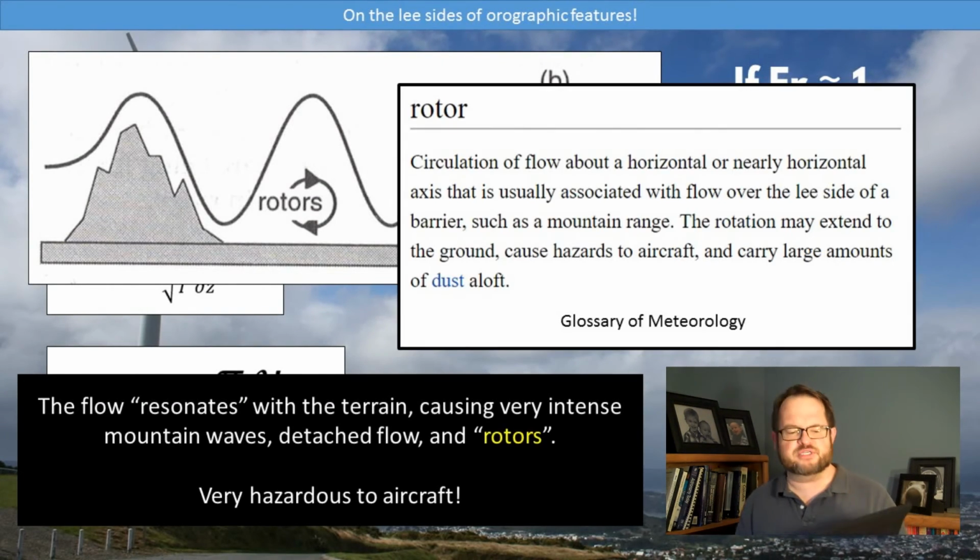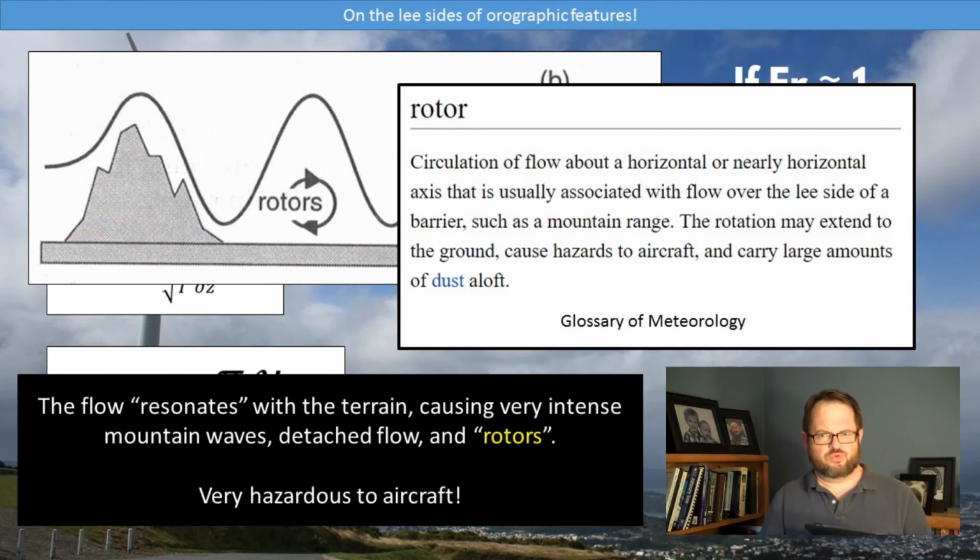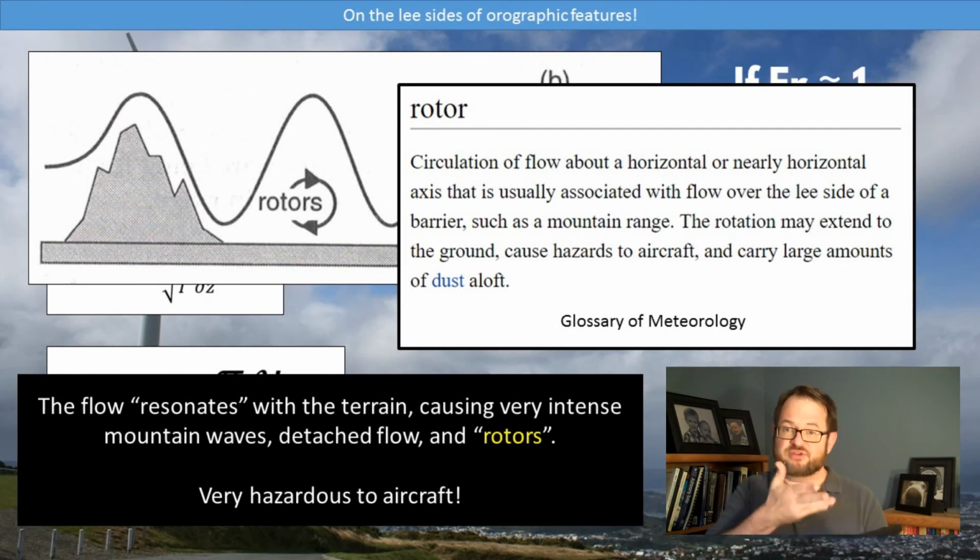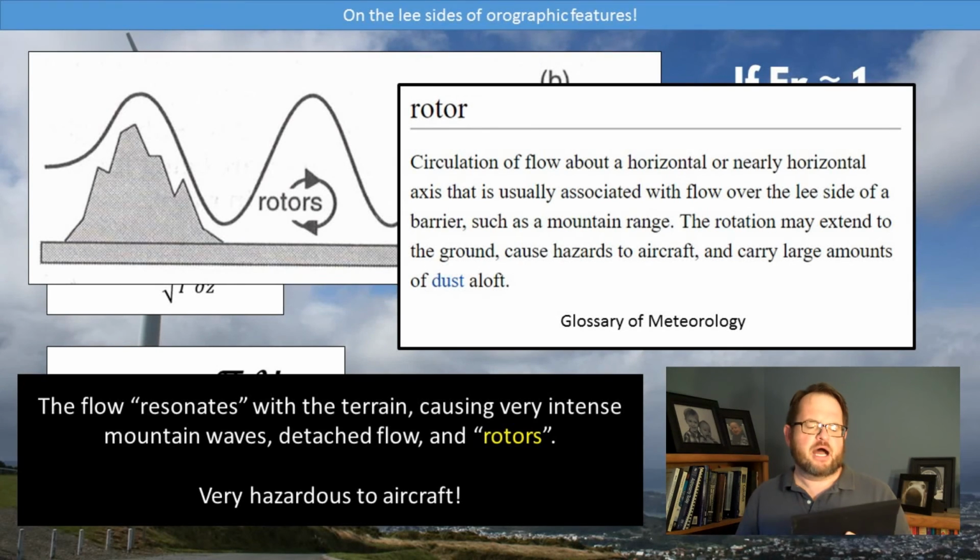Just because that word rotor is kind of interesting, from the glossary of meteorology, it says that the circulation of flow is around a horizontal or nearly horizontal axis, and it's associated with the flow over the lee side of a barrier, such as a mountain range. Ooh, that's pretty cool. See how different kinds of flow, that's another example of separated, detached flow, can happen under different regimes, under different ranges of the Froude number.